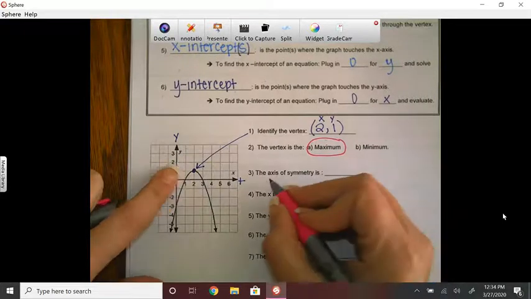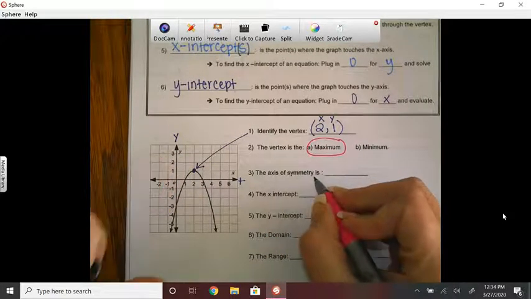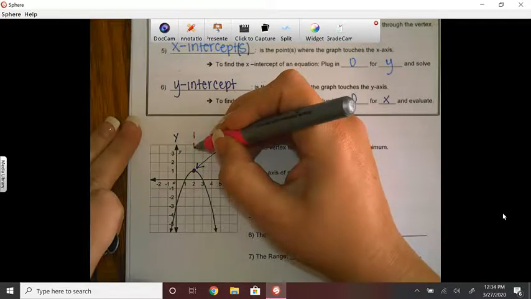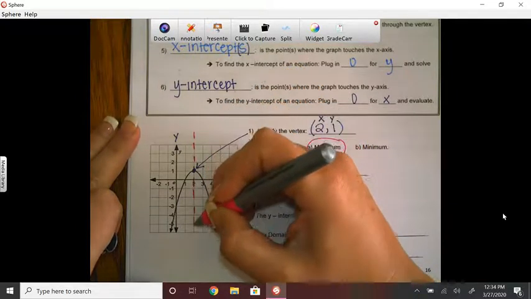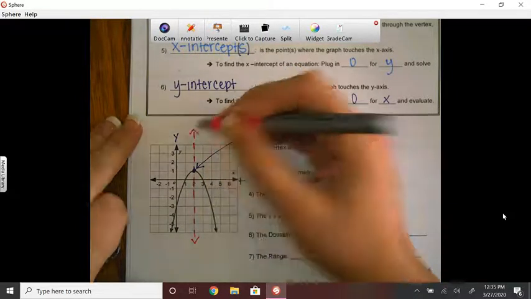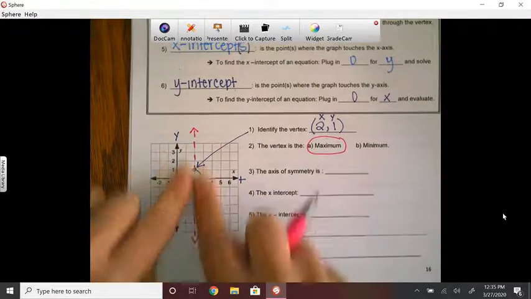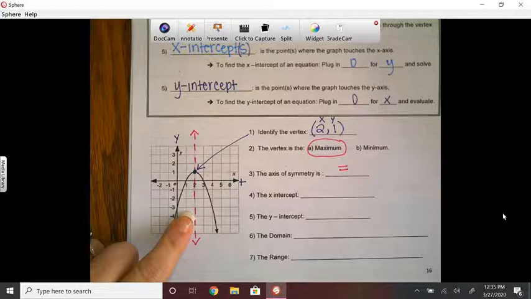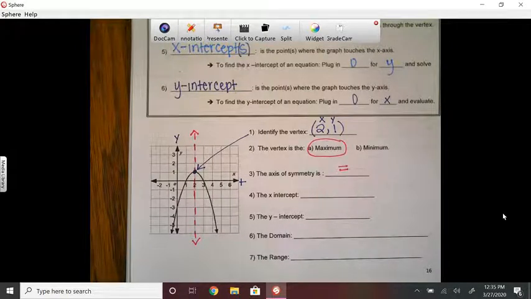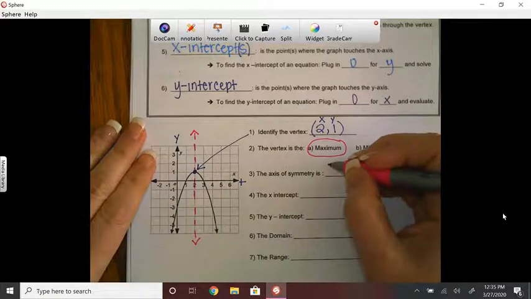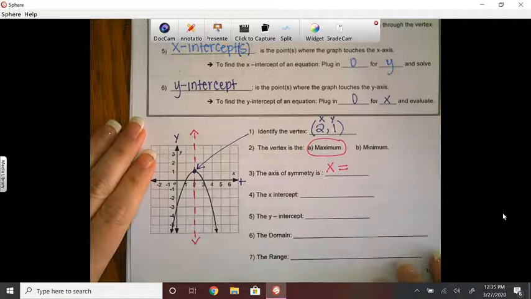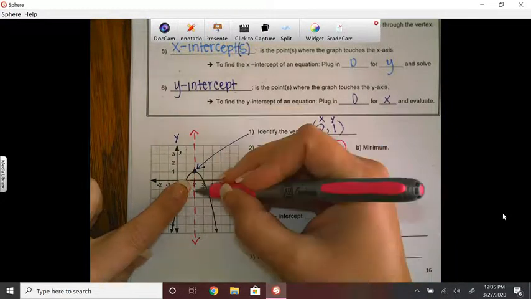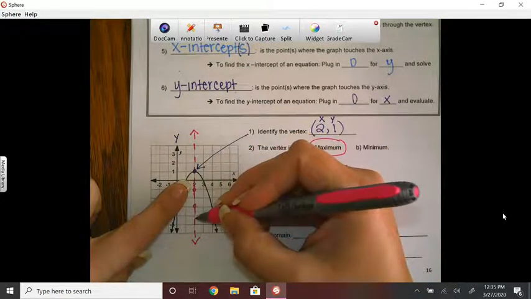The axis of symmetry is that imaginary line that cuts the graph in half. So it's right here. And to write the equation of this line, we need an equation, so we need an equal sign. And from the class before this, you learned what the equation of a vertical line is. So the equation of a vertical line is x equals, and then all the x values on this vertical line.